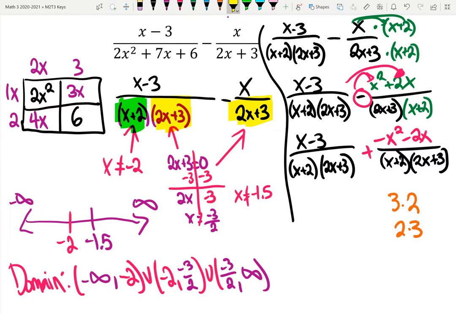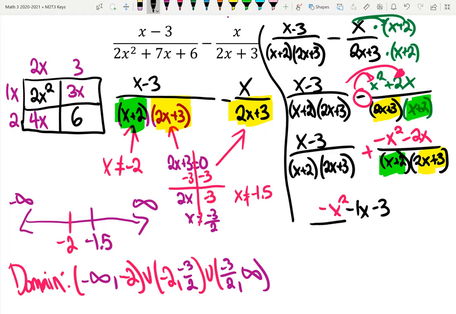That's essentially what I did here, switch the order, just to be consistent with my fraction on the left. Let me combine these two guys together. This is going to result in negative x squared, a positive x and negative 2x is negative 1x, minus 3, all over x plus 2 times 2x plus 3.